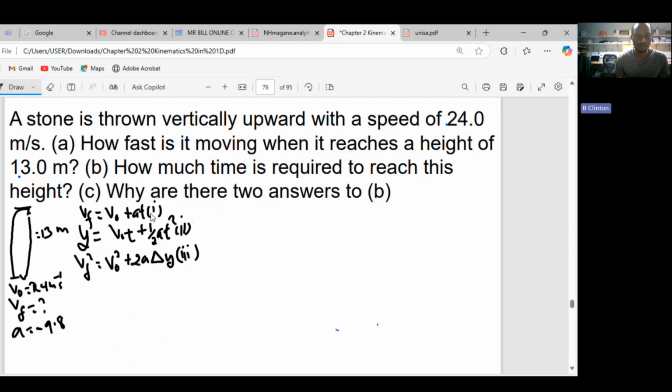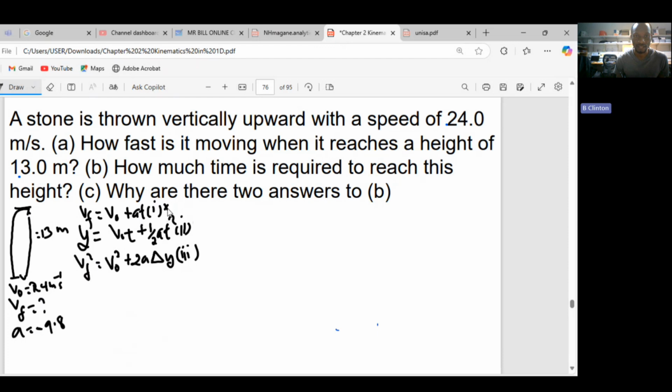For part A, we are looking for the final velocity: how fast is it moving when it reaches a height of 13.0 meters? We cannot use equation 1 because despite having initial velocity and acceleration, we don't have time, so we would have two unknowns.